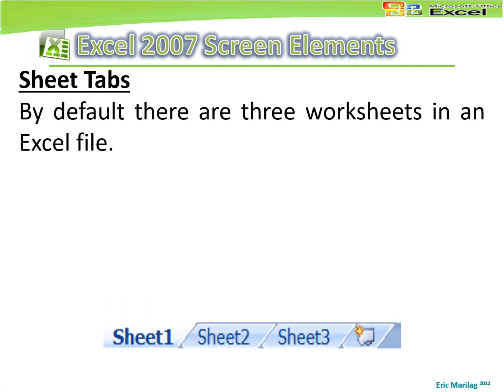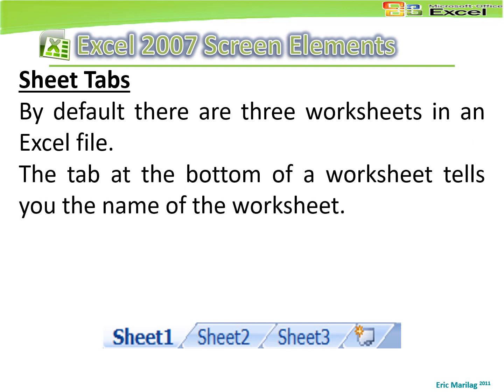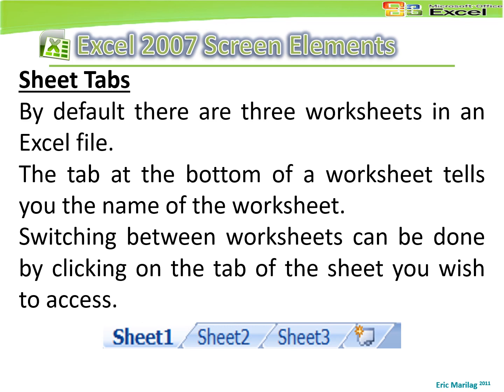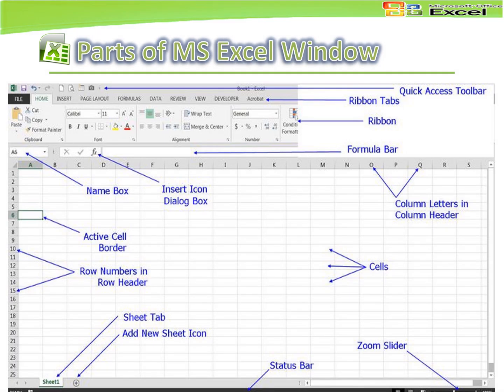Right, the sheet tab also by default there are 3 worksheets in an Excel file. So with this tab you can create or add more tabs on your workbook. You can also rename the worksheet or the sheet tab by just double clicking or right clicking on your sheet tab. So here's a glimpse of the parts of MS Excel window.